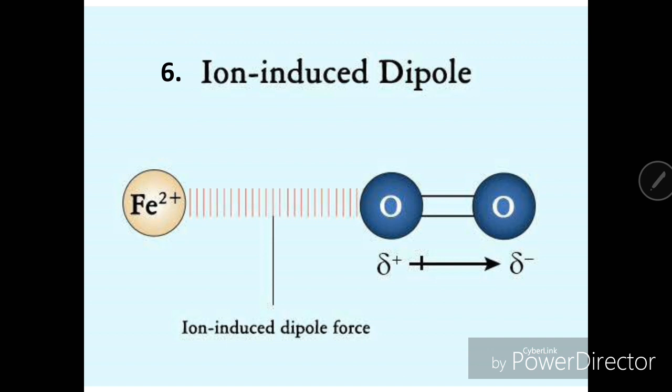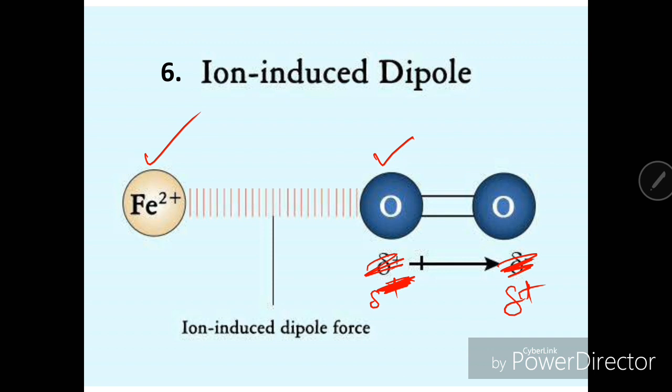But when Fe plus 2 interacts, it attracts the electron cloud of the O2 molecule. As a result, the oxygen near the Fe2 plus becomes negatively charged, and the other end, far from the Fe plus 2, becomes positively charged.